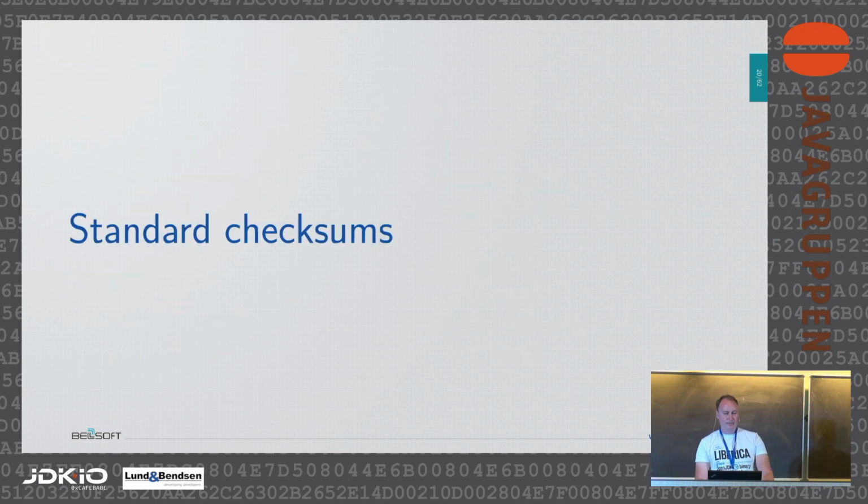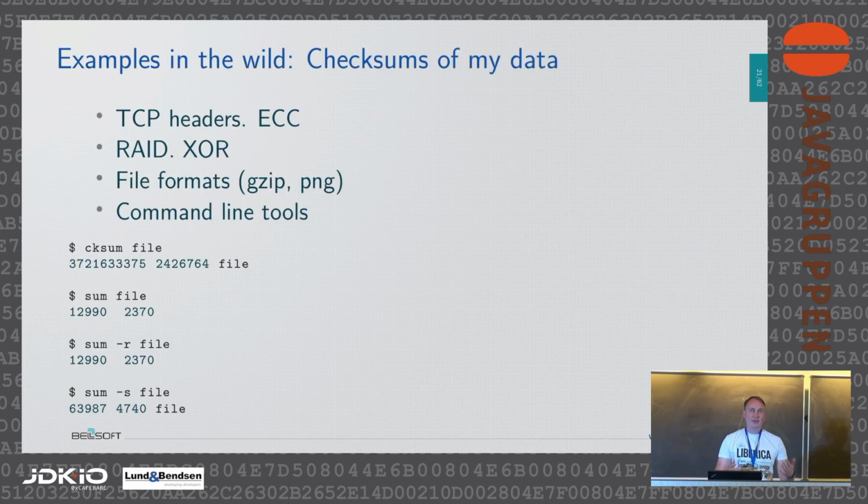Okay, so let's talk more about standard checksums. What does standard mean? Probably standard is something that you can meet anywhere. Okay, we saw that we can meet checksums in our pocket. That's not the only example. There are numerous ones.